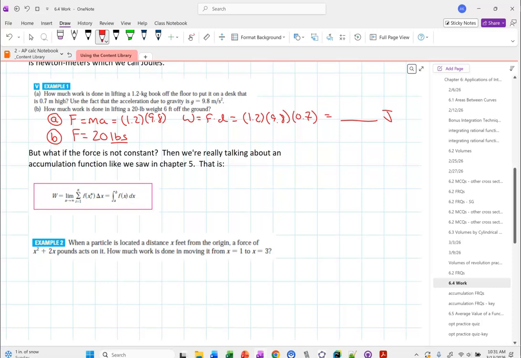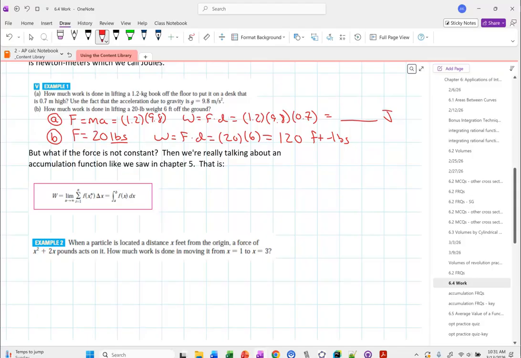That's your force. Weights are forces. So the work is 120 foot-pounds. Is that okay?